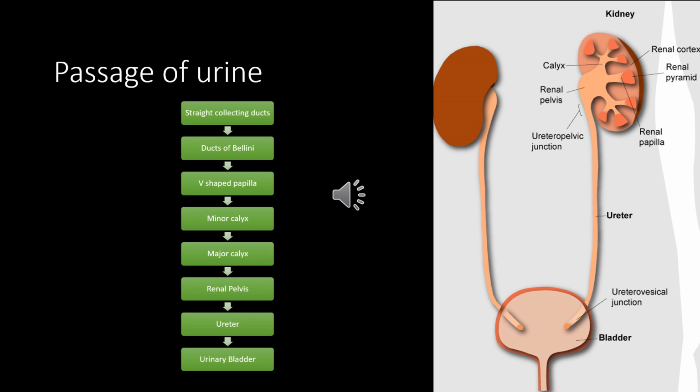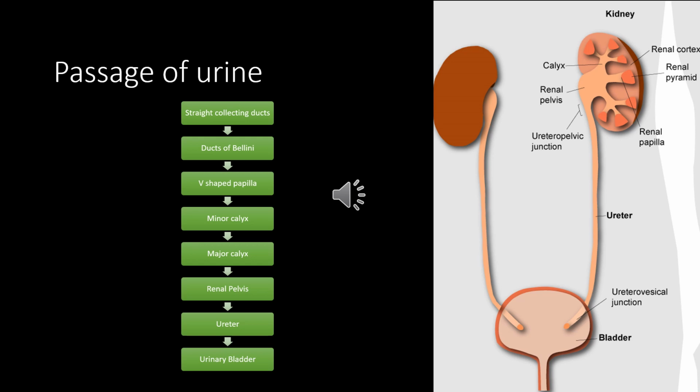So the urine which was collected in the collecting duct will be drained into this papilla, and from there it will be drained into the minor calyx. 3 or 4 minor calyces unite to form a major calyx, and thus from the minor calyces urine passes through the major calyces and reaches the pelvis of the ureter.